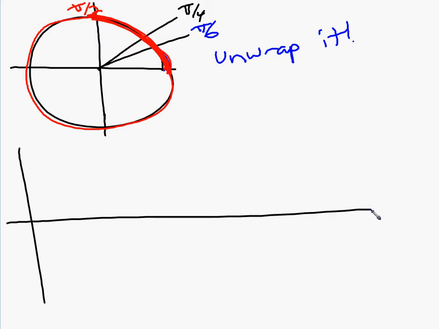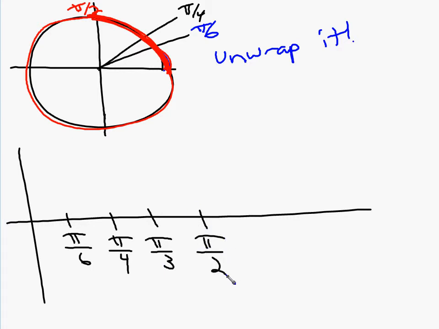I'm going to see pi/6, and I'm going to see pi/4, and I'm going to see pi/3, and I'm going to see pi/2. All of those values that we saw that go around the circle are now going to be unwrapped and laid down on our old friend, the x-axis.